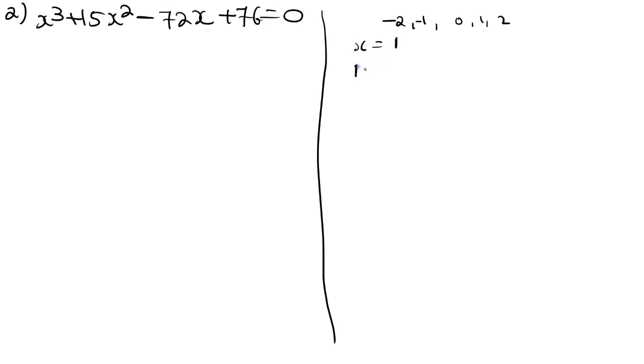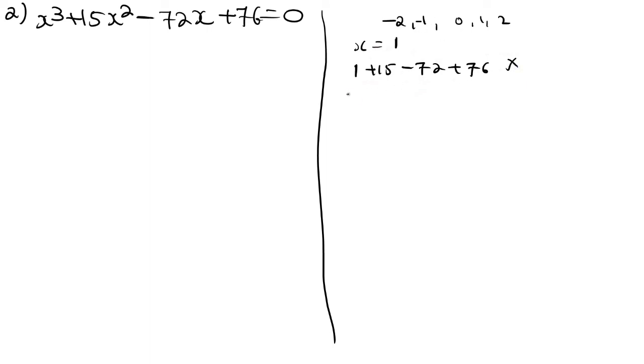So what will you get? 1 plus 15 minus 72 plus 76. Check whether it's equal to 0 or not. 76 minus 72 is 4, 15 plus 1 is 16, plus 4, it's not equal to 0. So x equal to 1 is not possible.